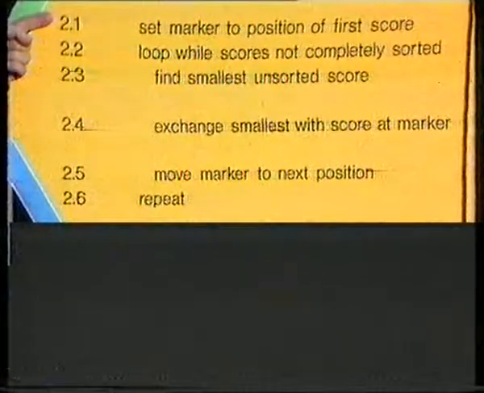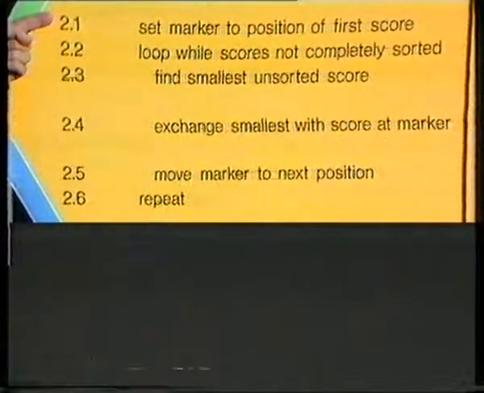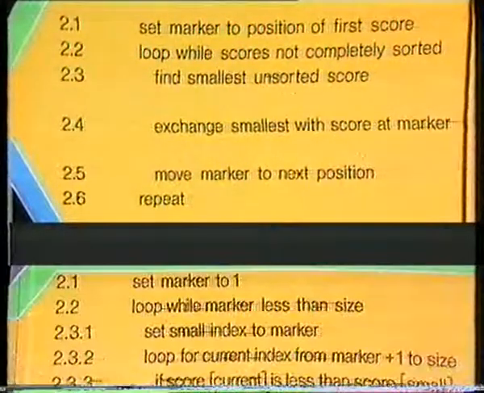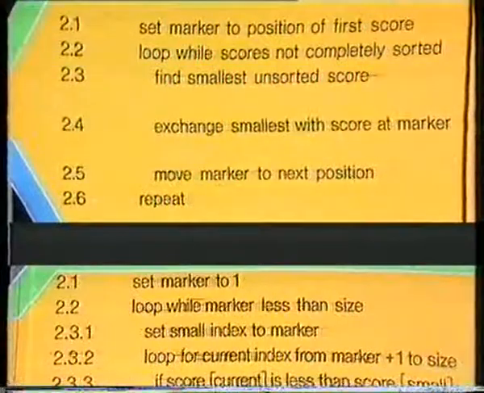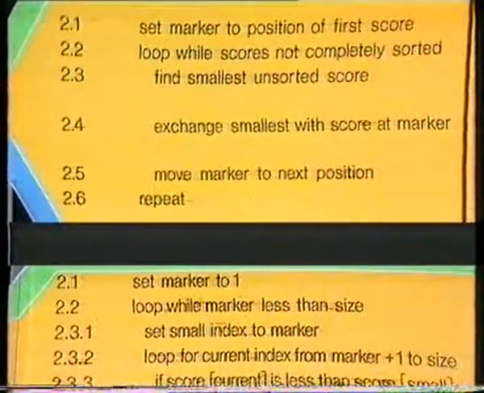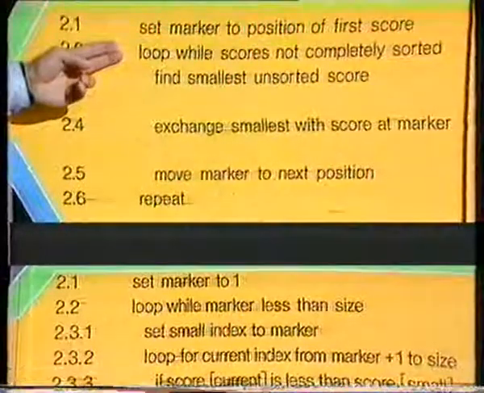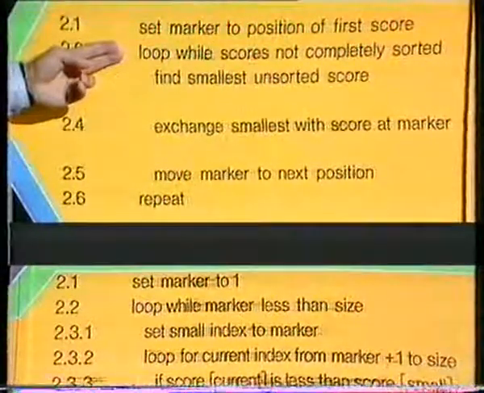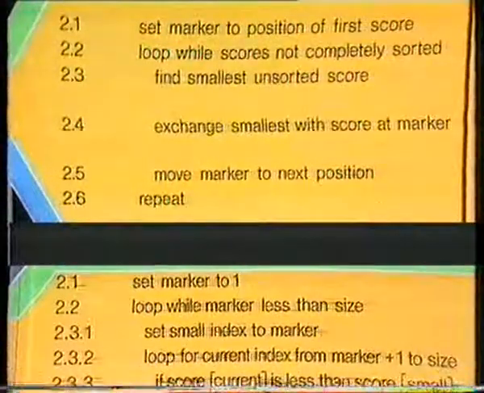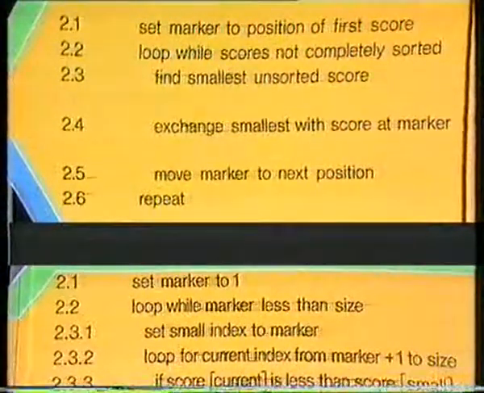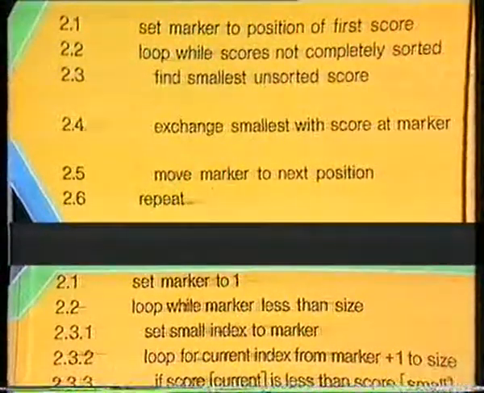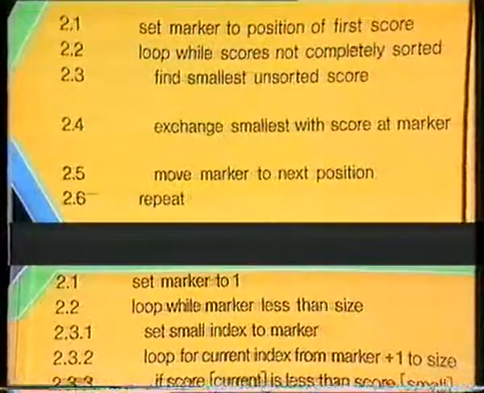2.1, set marker to position of first score. The first score is in position 1 of our array. So in our refinement, we set the marker to 1. Next, loop while scores not completely sorted. We've got a variable called marker to tell us when we get to the end of the scores, so we'll loop while marker is less than size.